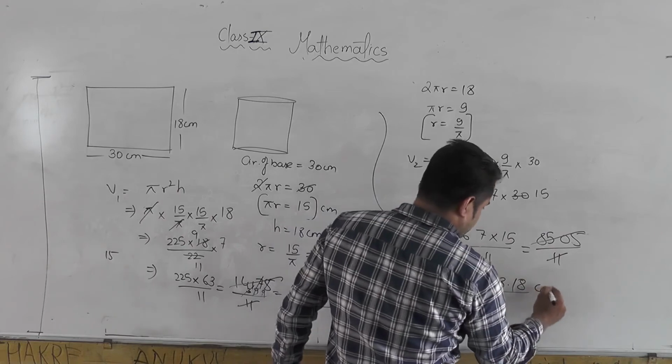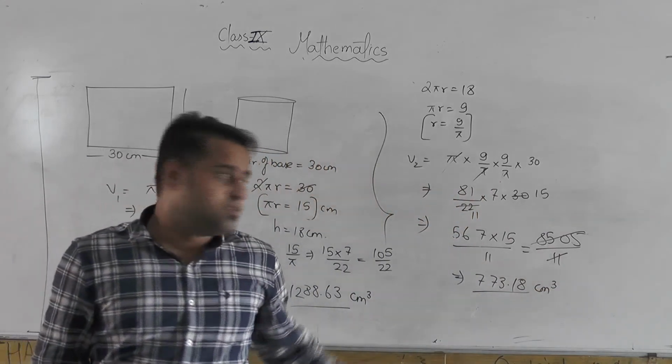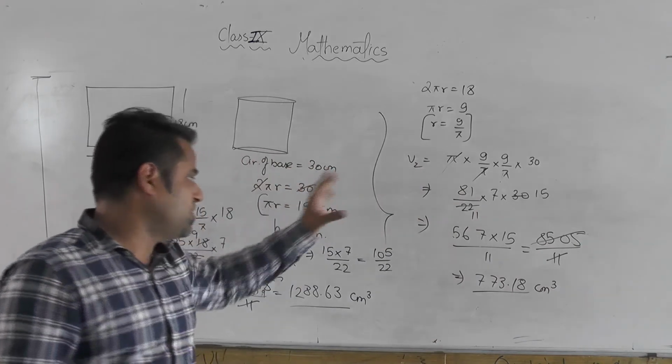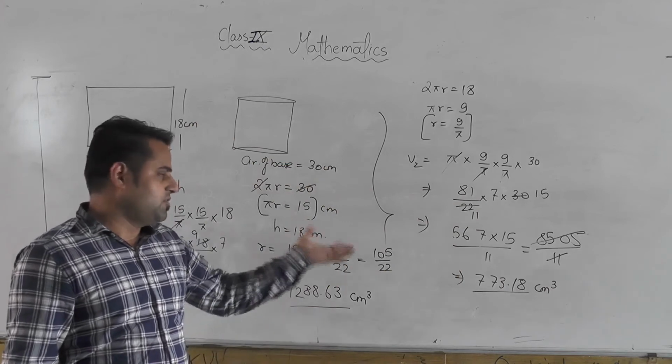So we will get our second volume as 773.18. So as you can see, which can store a higher capacity of the content of the object.